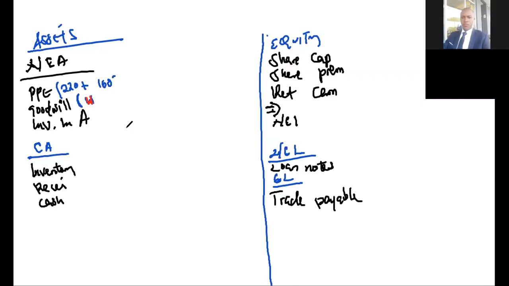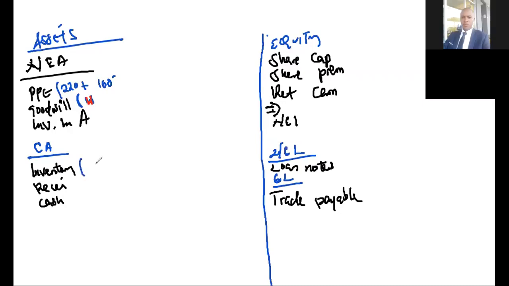Anything else? What was the figure for inventories? Inventories we had 384 plus 234. Are you seeing that? How much do you have for inventories? 618. No, just paste. Don't add anything.